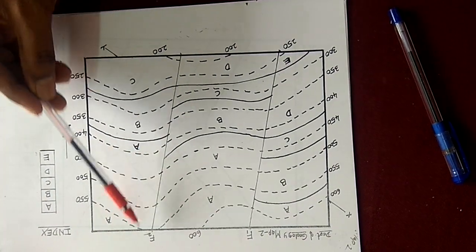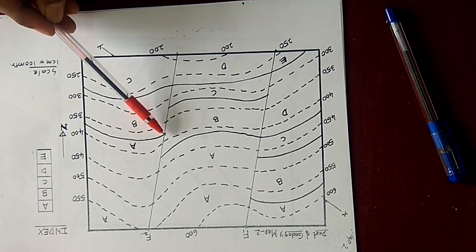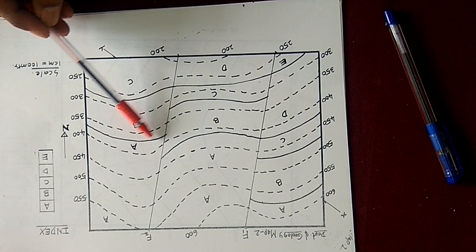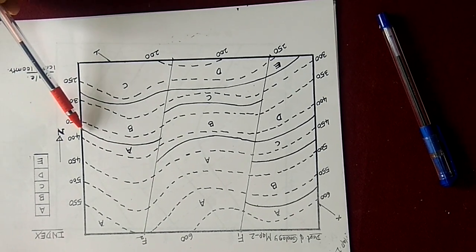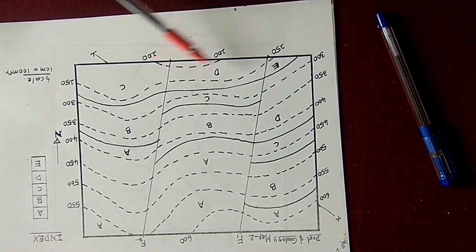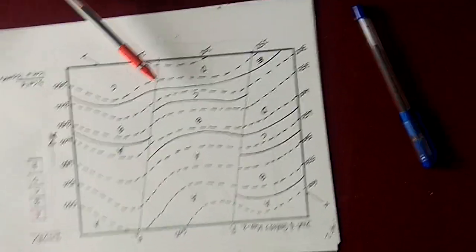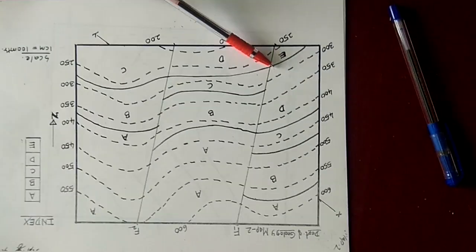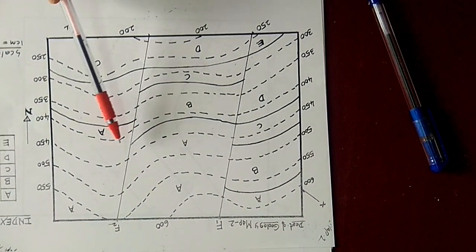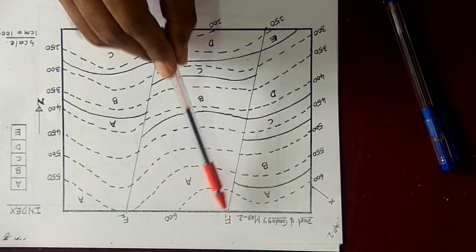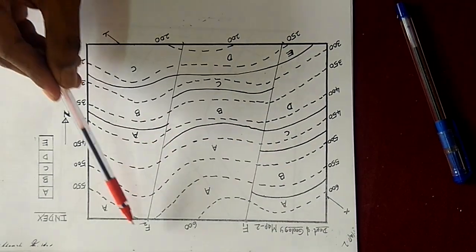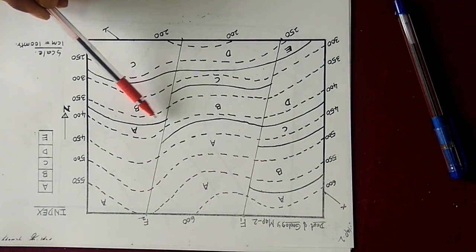One more fault we are observing here. So this is A by B started from here. In this map, what I require to do, after drawing, is to see the thickness of the various beds, and how much fault 1, F1, is displaced, and how much fault 2 is displaced.